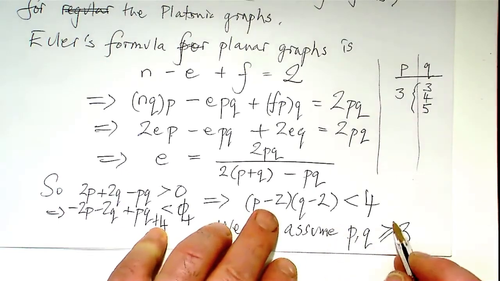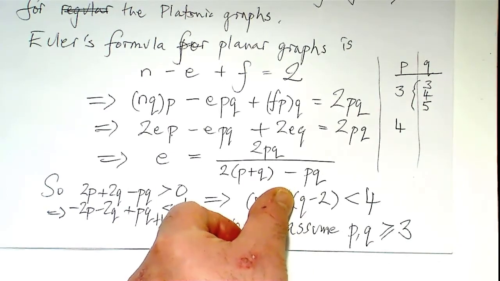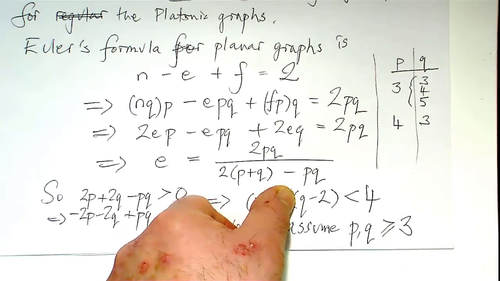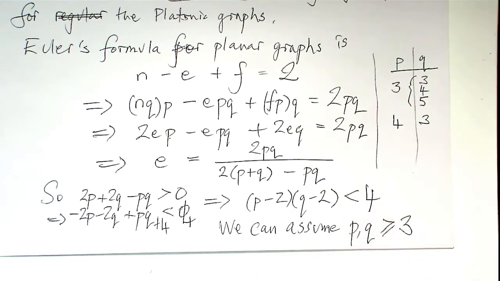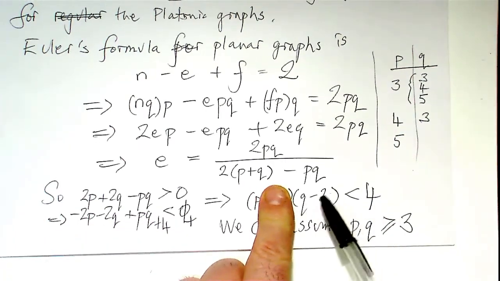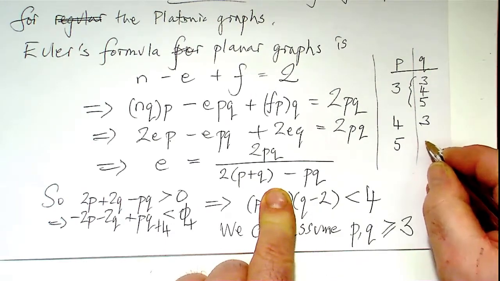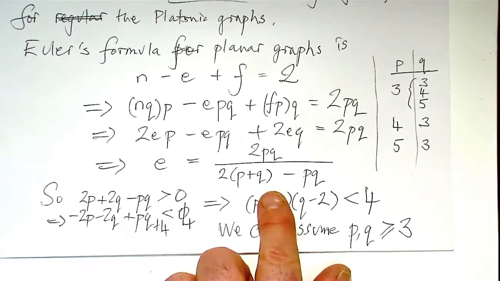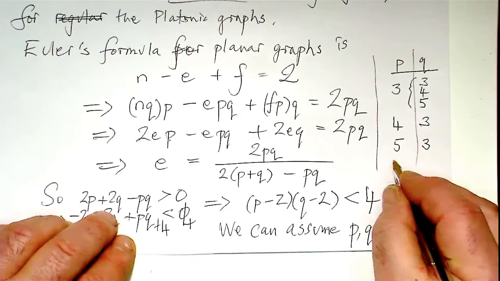If P is 4, then this becomes 2, and the only thing Q can be is 3. Can't be anything else, because if they're both 4, I get 2 times 2 is equal to 4, that's not less than 4. If P is 5, and this is 3, Q can't be 4, because I get 6, which is not less than 4, so Q would have to be 3. And if P is 6, I'd have 4 times something, which is not less than 4. So those are the only possibilities. Okay? So I have 5 possibilities.